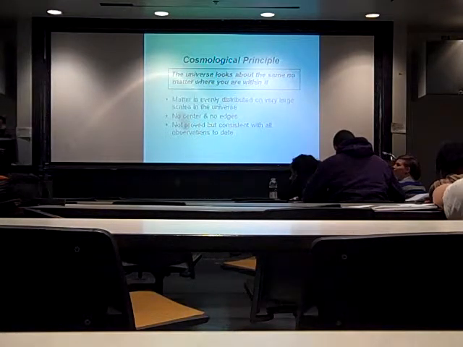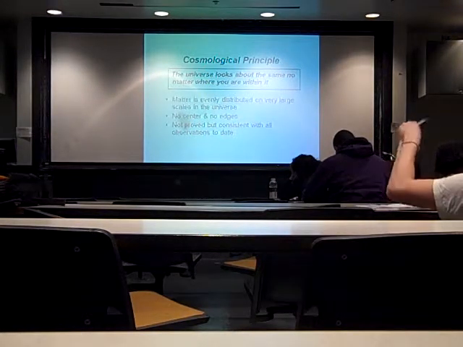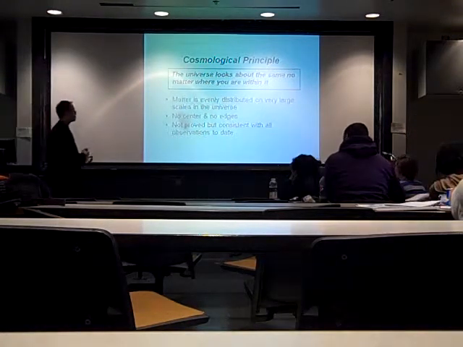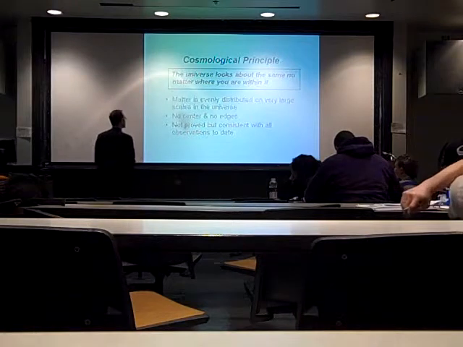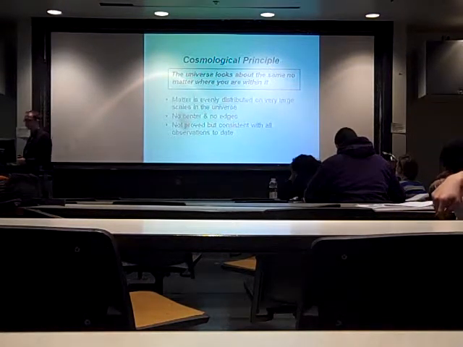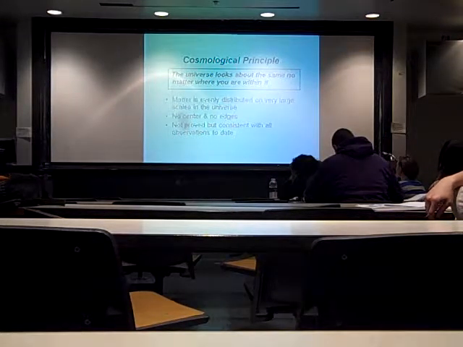Okay? Again, there's no real center or no edges. Think about that balloon. If you're in a 2D world, you don't really have a center or an edge. This principle is not proved, but thus far it's consistent with all the observations that we have made to date.